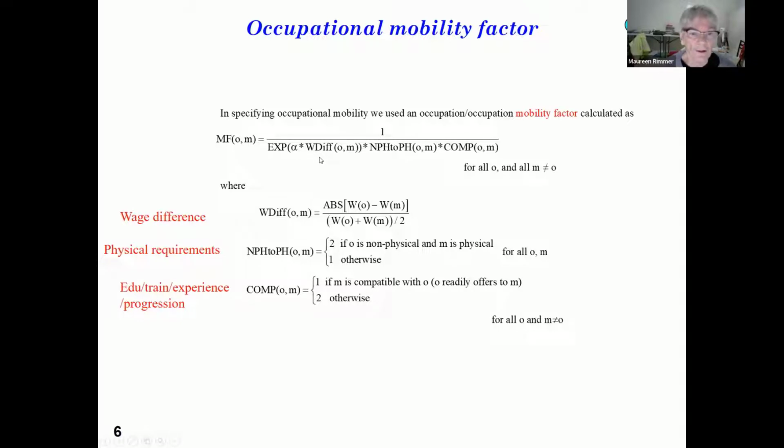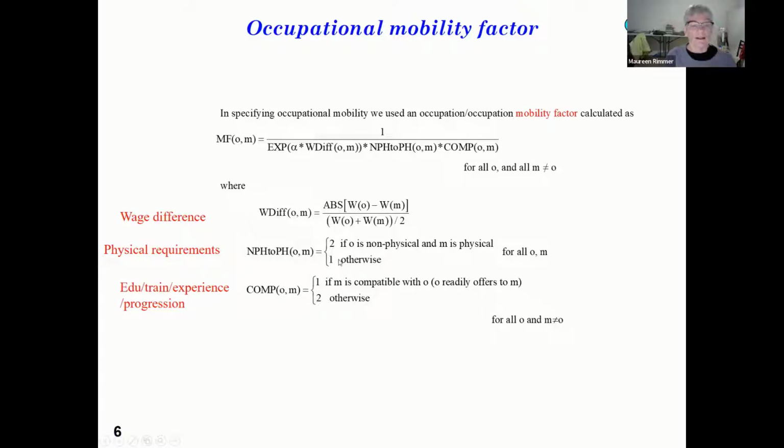The second term is a physical requirements factor, and it tells you what kind of restrictions there are in moving from one type of physical requirement to another. Normally, if you're in a non-physical occupation and you want to move to a physical occupation, we give you the number 2, and in any other situation, we give you the number 1.